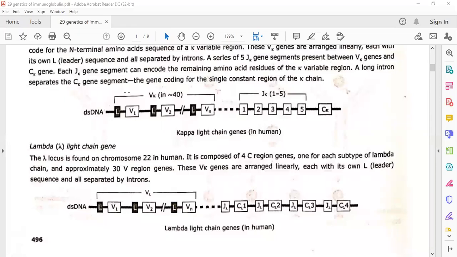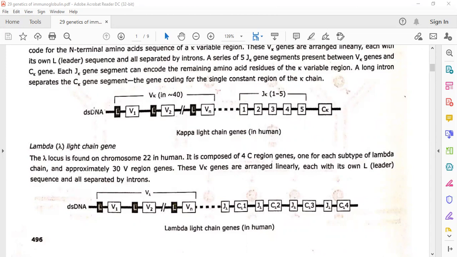This is the sequence of the VL genes, and then the J sequence, JK1 to JK5, and then it will continue into the constant region. I must explain it with an example here. So this is the gene sequence of the kappa chain of the light chain.